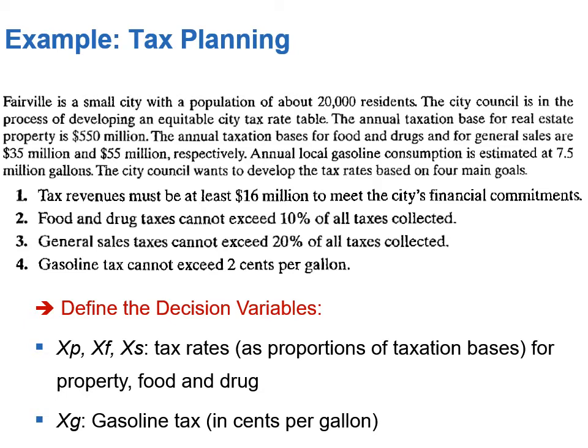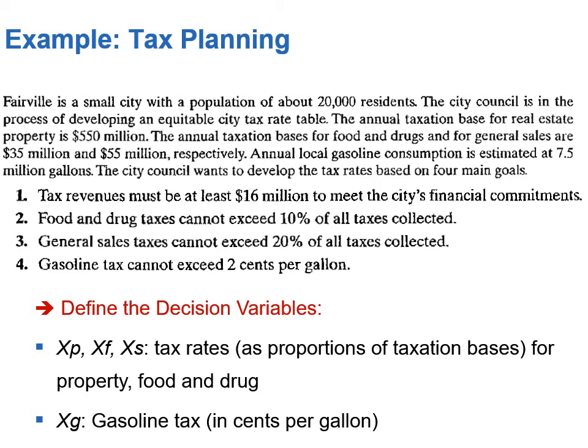Please try to do it by yourself by stopping the video at this moment. You should be able to define your decision variables and write these restrictions on your own, just as regular constraints, nothing different. Try to do it, and then after that, please continue with the video.